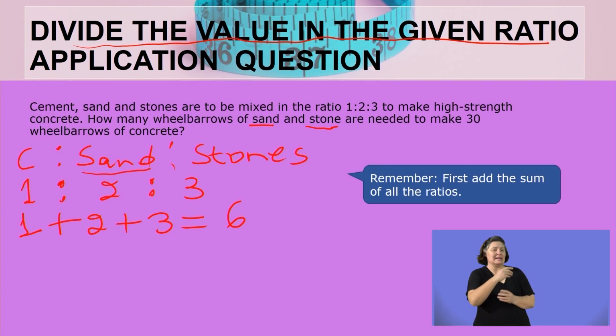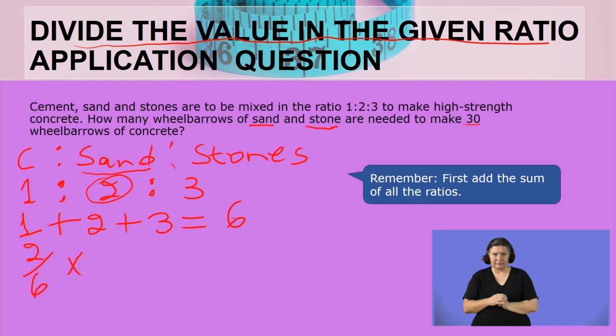We know that the proportion of sand is 2. So if the proportion of sand is 2, then for us to determine how many wheelbarrows will be needed, we will say 2 divided by 6, we multiply by the 30 wheelbarrows of the concrete which is needed.